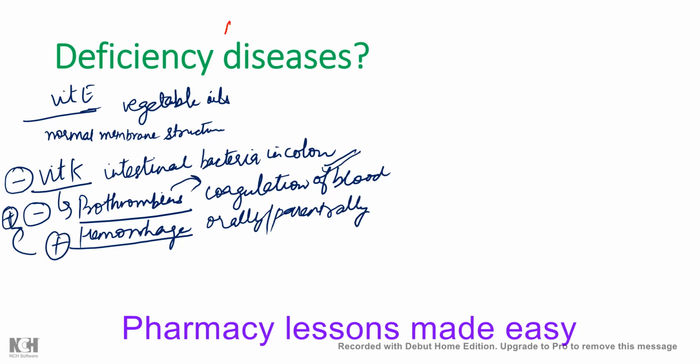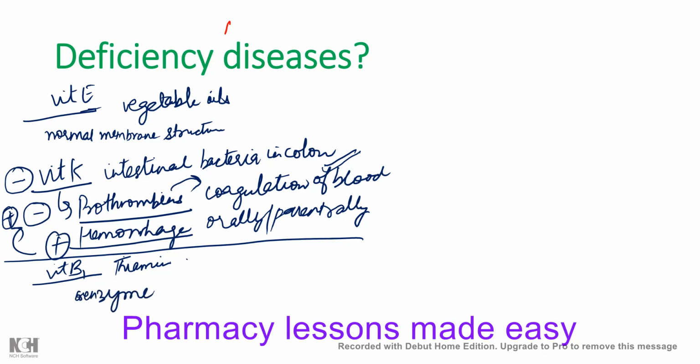Next thing is water soluble vitamin like vitamin B1. Okay, this is also known as thiamine. Okay, this is present in fresh food, pulses, liver, nuts, grains, cereals, yeast. Okay, the most important function is it is a coenzyme for carbohydrate metabolism.